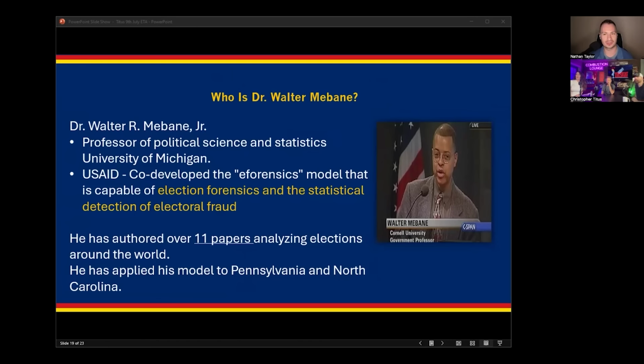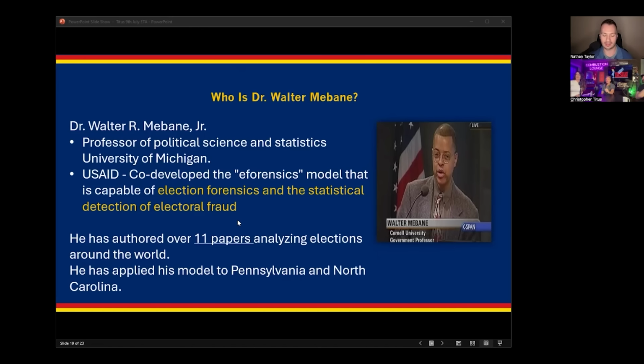He is a professor of political science and statistics at the University of Michigan. He was given a grant by USAID before they got shut down, before they got DOGEd. I think I can say that. He co-developed the e-forensic model, which is capable of detecting election fraud, statistically speaking. It can estimate confidence of whether there was manipulation. It uses precinct level data.